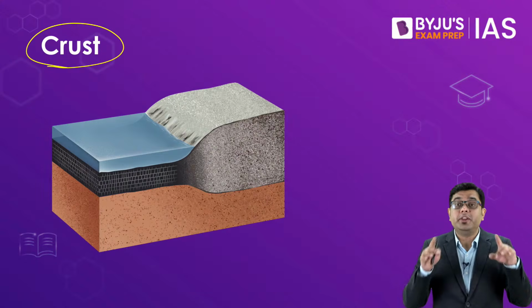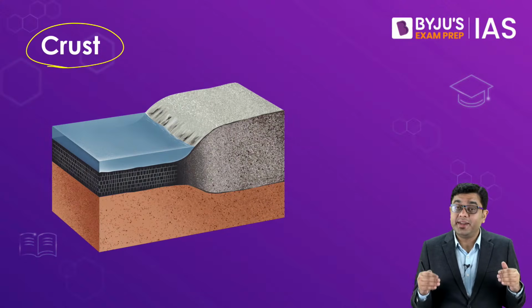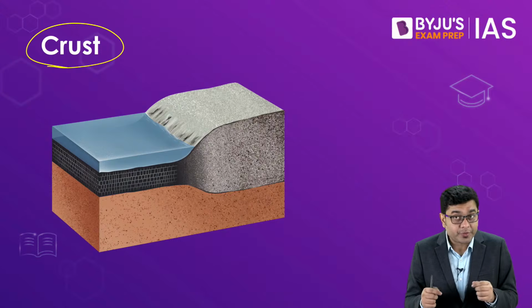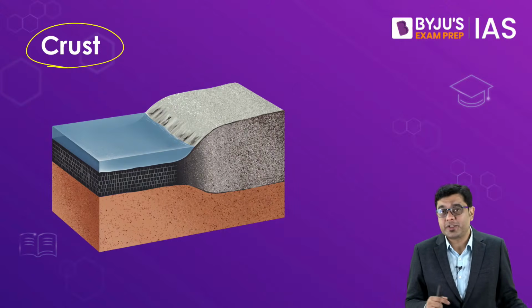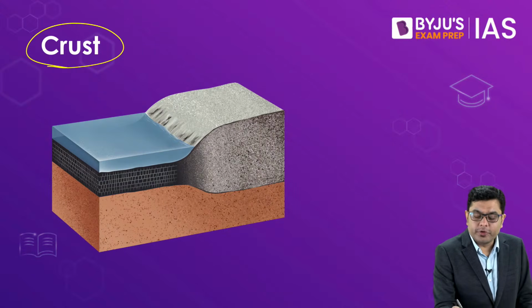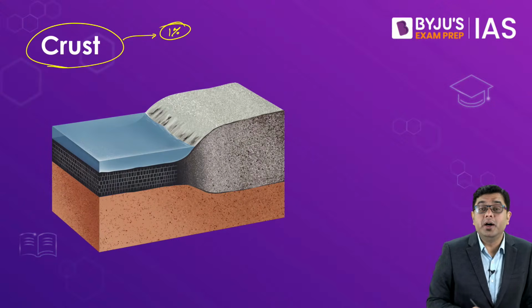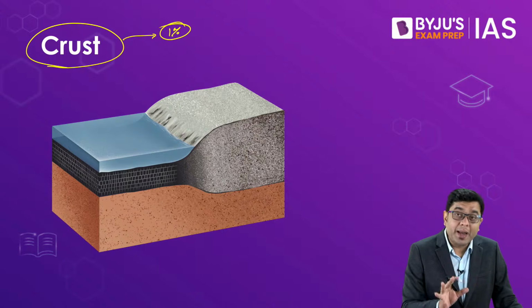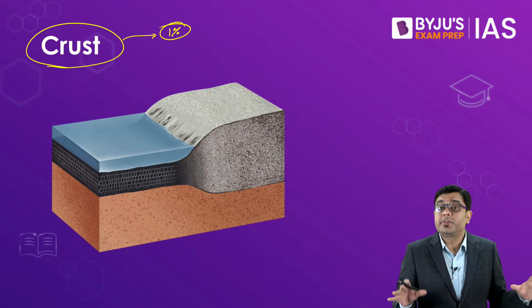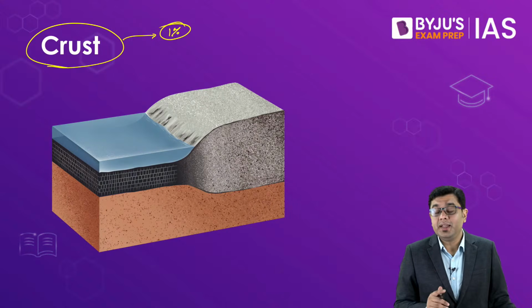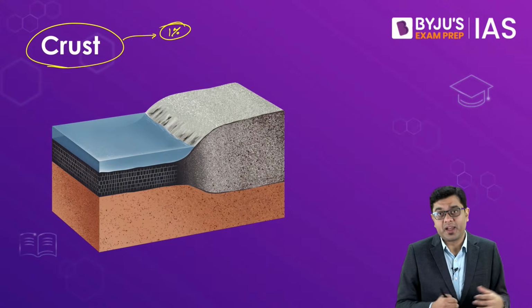But if you consider the whole picture and the planet in itself, you have to understand this is the lightest portion. It constitutes only about 1% of the Earth's mass. Only 1% of the Earth's mass is present in the region of the crust.